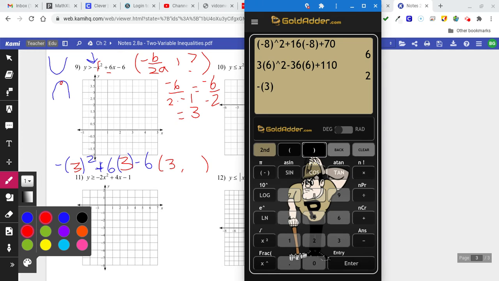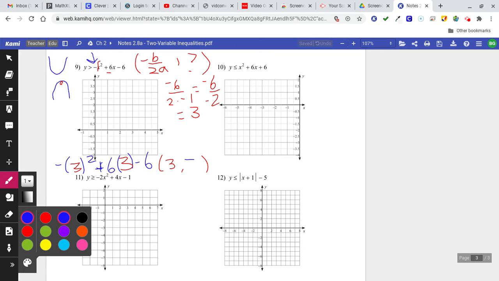Make sure you use parentheses where you need them. Otherwise, weird stuff happens. I get 3. So my result here is 3, and my vertex is the point 3, comma 3. So let's graph that. 3, comma 3.